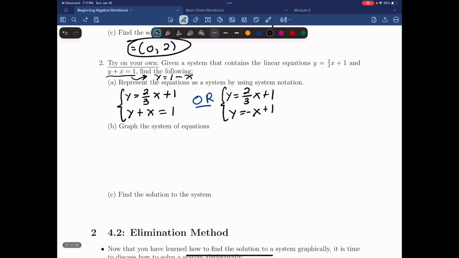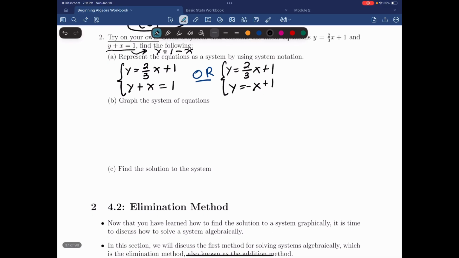And there you go. Now for part B, we're asked to graph the system of equations. So let's start off by drawing out the x and y axis, x-axis, y-axis. 1, 2, 3, 4, 1, 2, 3, 4, 1, 2, 3, 4, 1, 2, 3, 4.